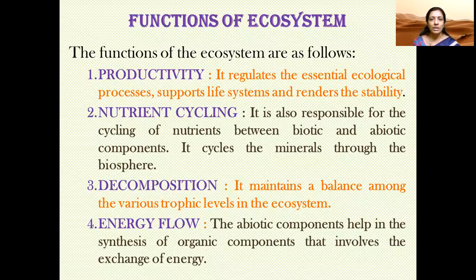It is through decomposition that a balance is maintained among the different trophic levels which are found in the ecosystem. And lastly, but most importantly, the major function of the ecosystem is the exchange of energy. It is the abiotic components which help in the synthesis of organic components, and this leads to exchange of energy.